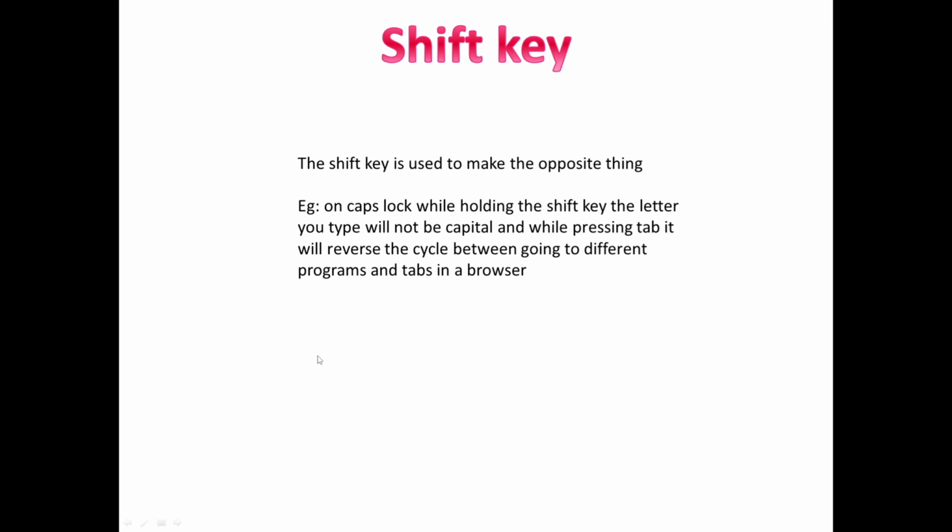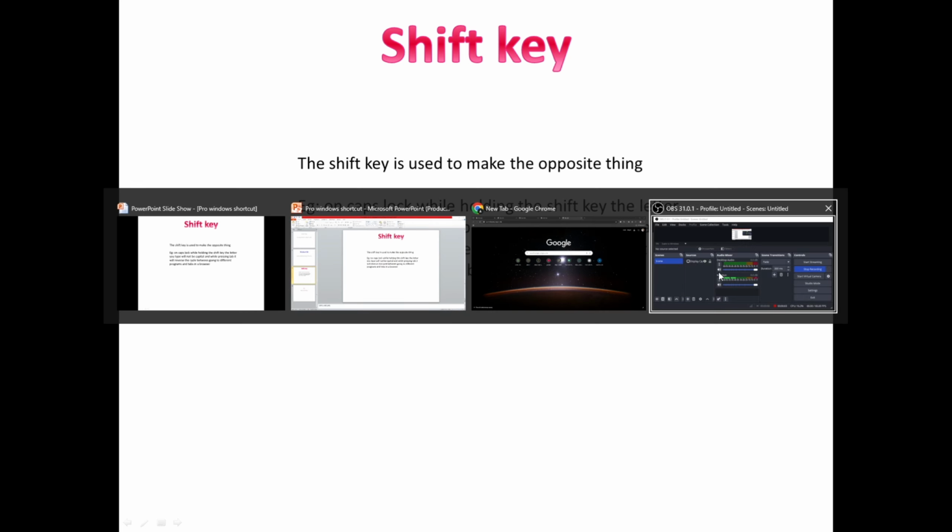It also helps you to go backwards. Right now it's on OBS, and with Alt Shift Tab it will go backwards, not forwards. This is Alt Tab, this is Alt Shift Tab.